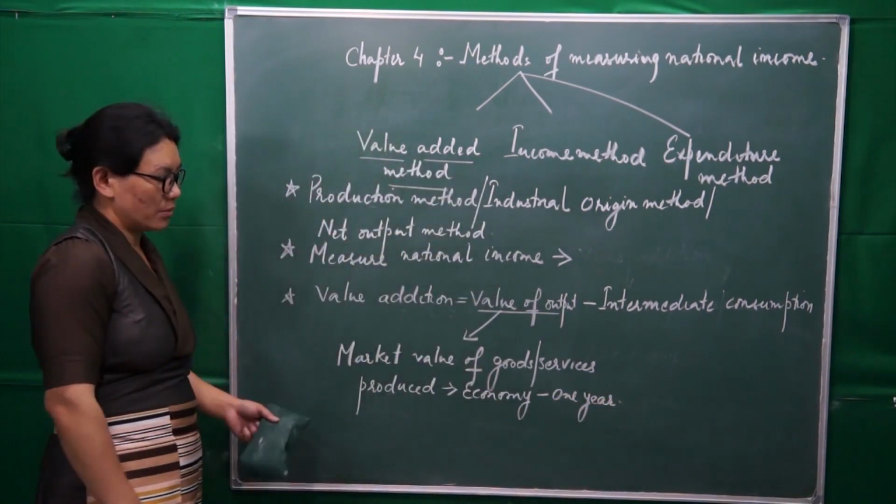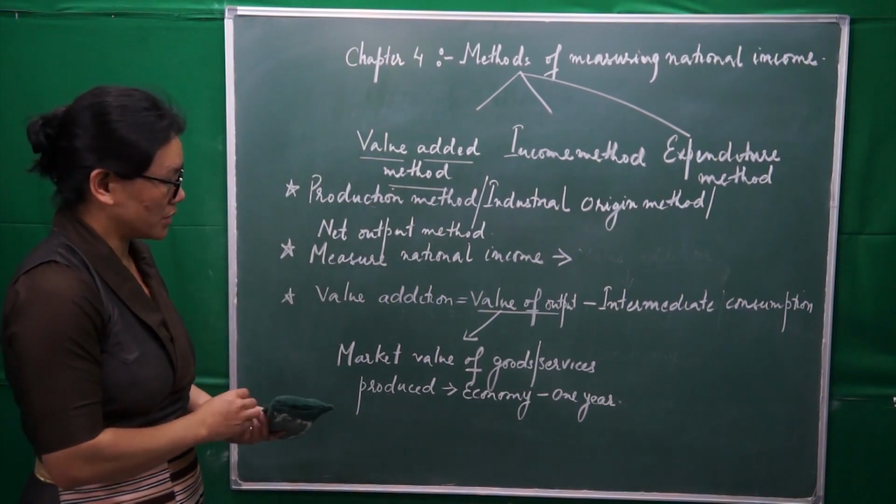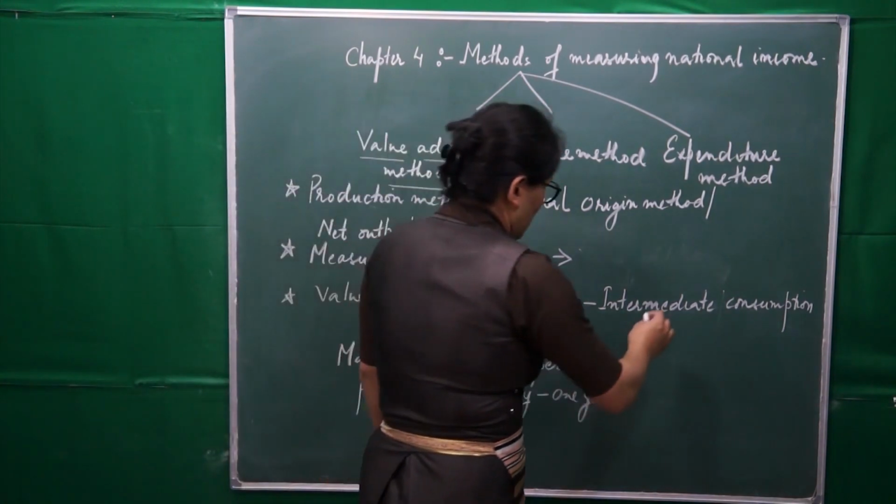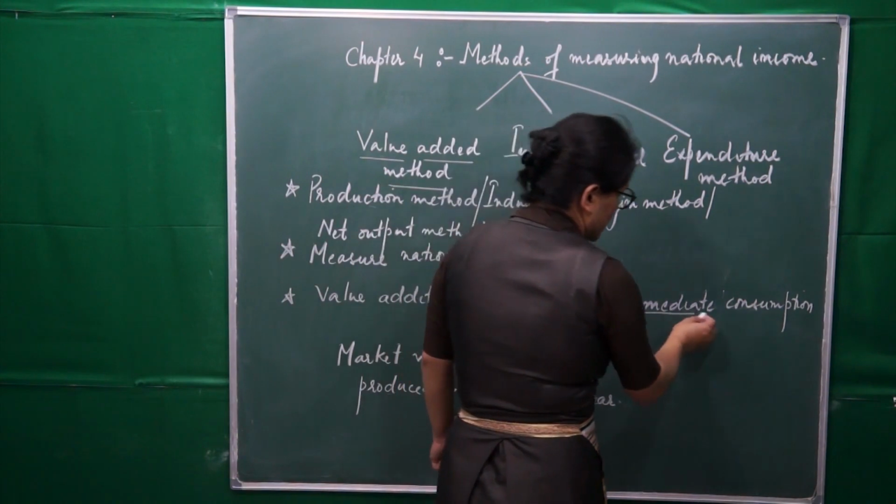This is the value of output. Okay. What is this intermediate consumption?